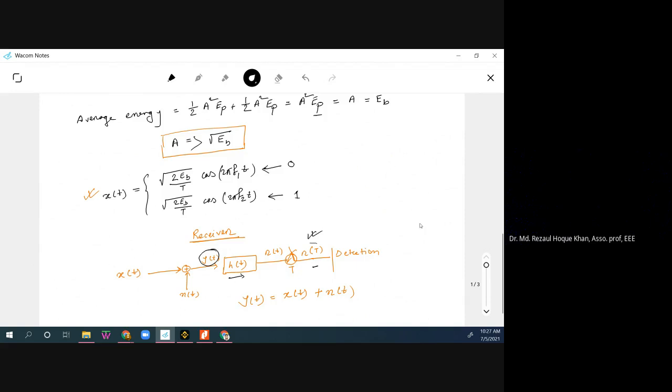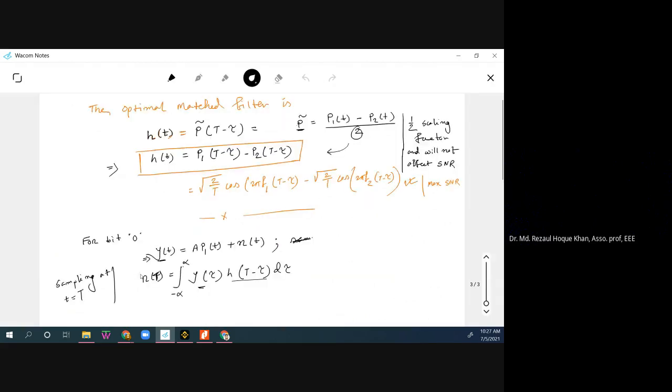So r(t) is nothing but y(t) convolved with h(t), the filter response, right? That is what we are trying to write here.